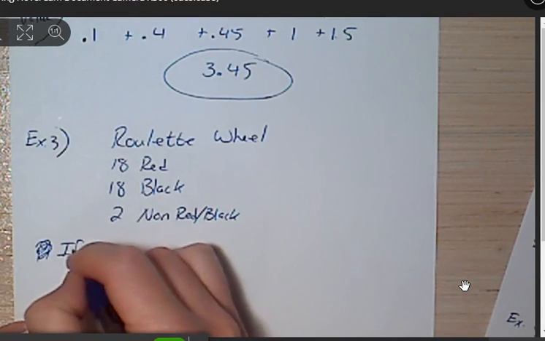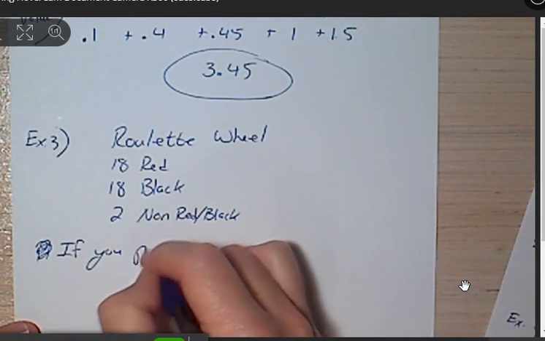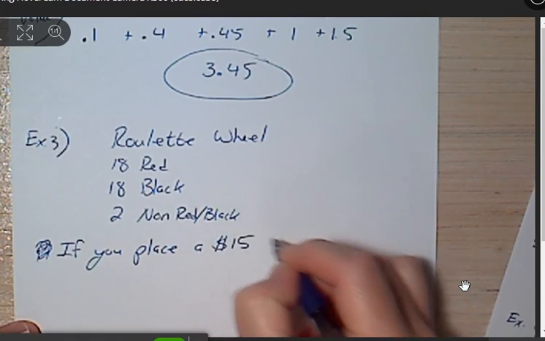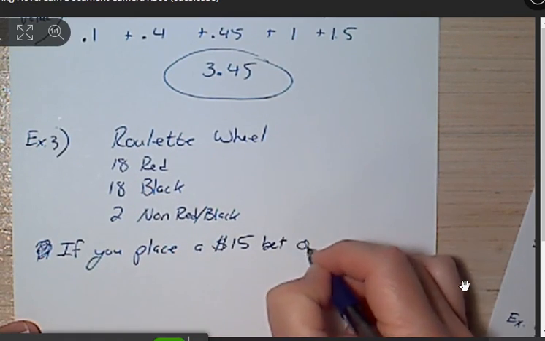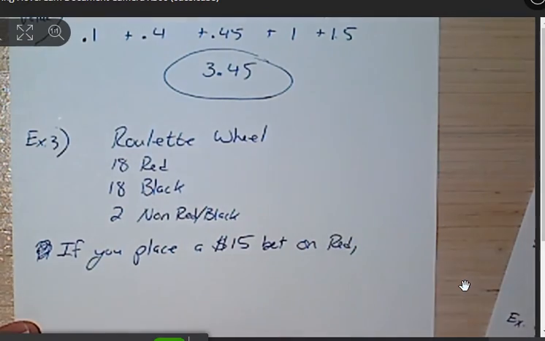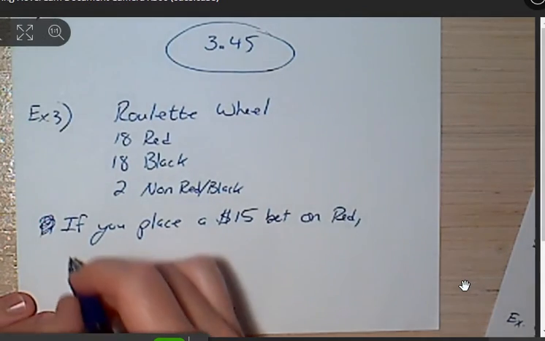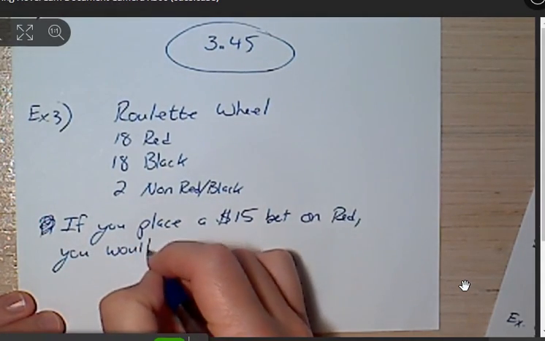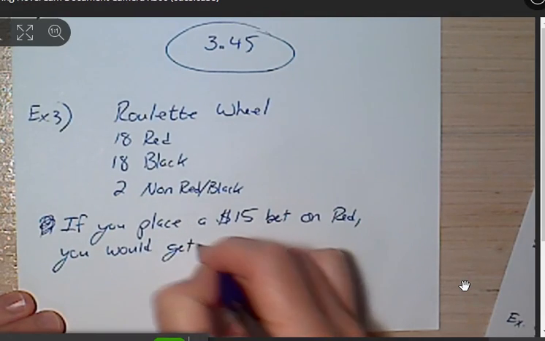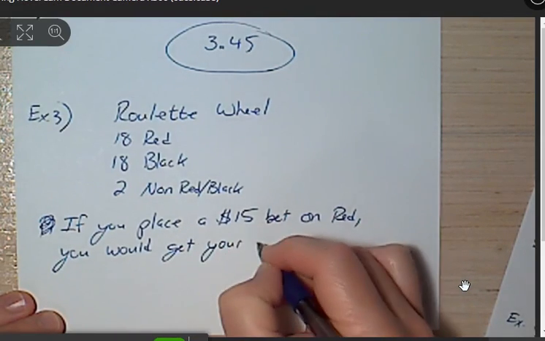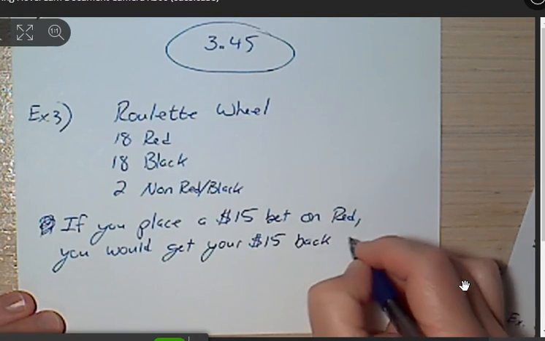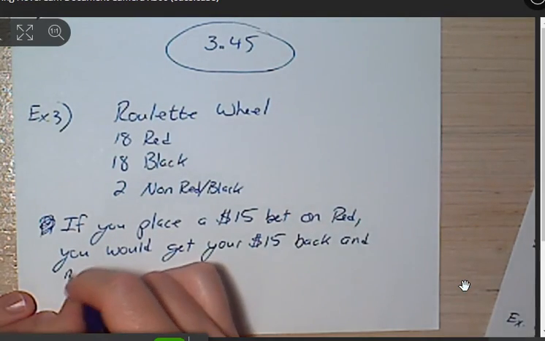So let's say you place a $15 bet on red, you would get your $15 back and make another 15.